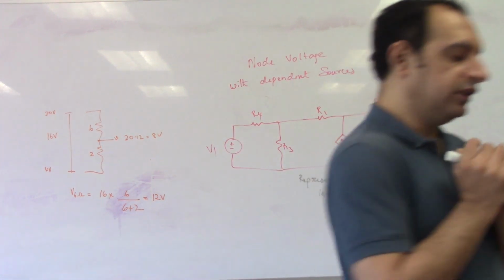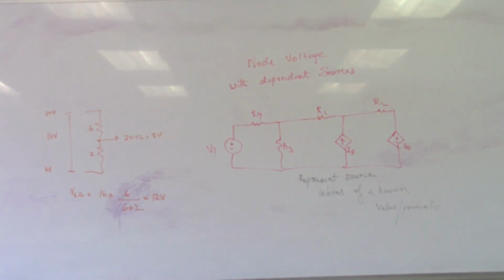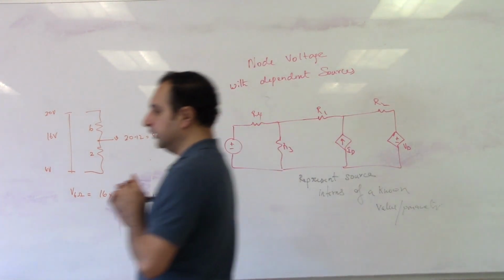So we want to remove the dependency or represent it in terms of something more reliable that we can incorporate in our node voltage expression.